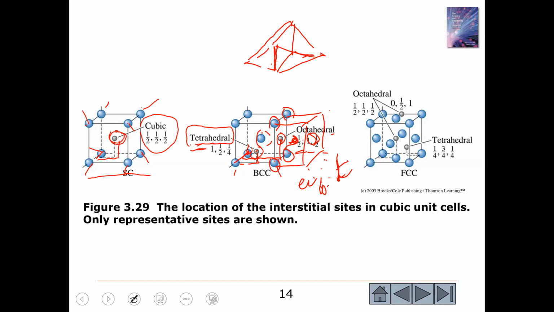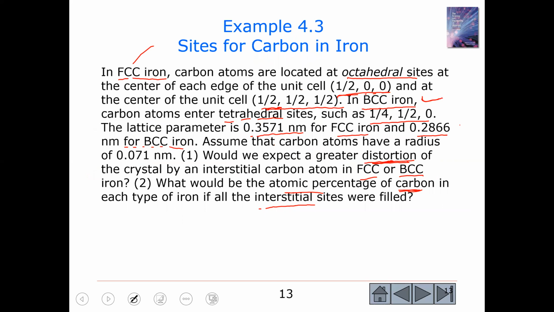Okay, so we call it octahedral. Octa means 8, and hedral means side. So if you look at FCC, we have these sites as octahedral sites and this site as tetrahedral site. Okay, so in this problem, they are talking about these sites.